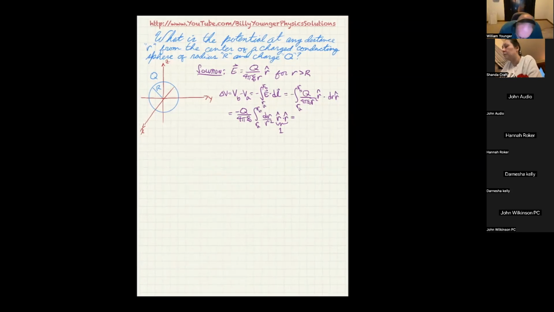So I can go ahead and change the sign to plus Q over 4 pi epsilon naught. And now I'm going to just do 1 over RB minus 1 over RA. And that gives me really the change in voltage for any two positions. So if I go from a distance RA to a distance RB, this will actually give me the correct change in voltage for that period.